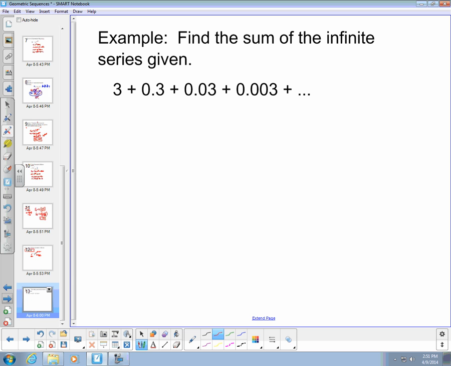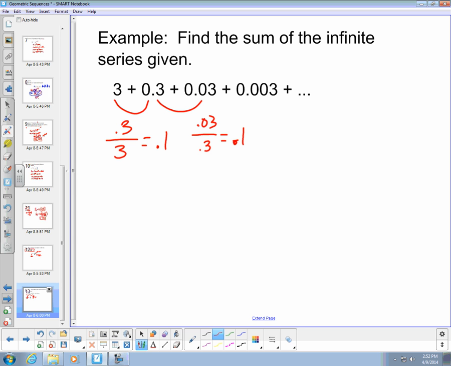So to find our r, we're going to take the second term divided by the first term, 0.3 divided by 3 should come out to be 0.1. Okay, if I do the same thing here, 0.03 divided by 0.3 would equal 0.1.